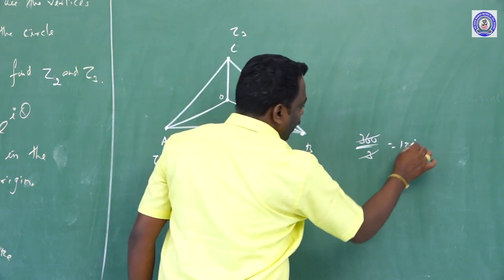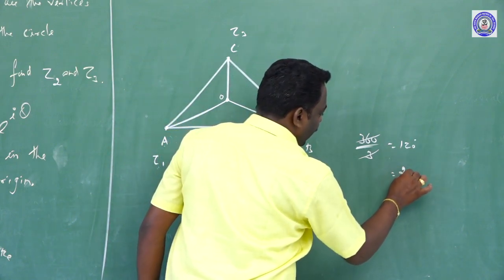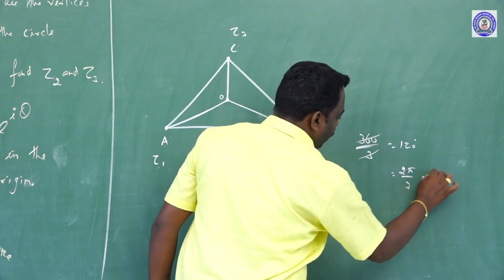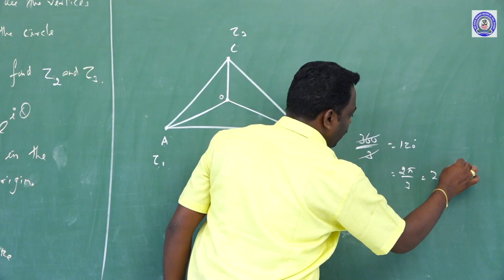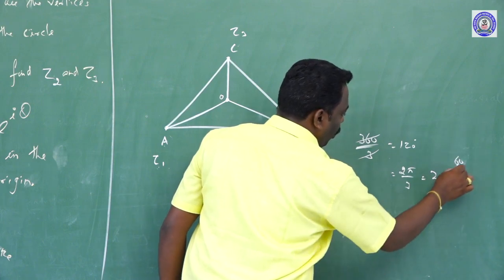The 120 degrees in radian form is 2 pi by 3. It is 2 into 180 by 3, cancel to 60, that is equal to 120.